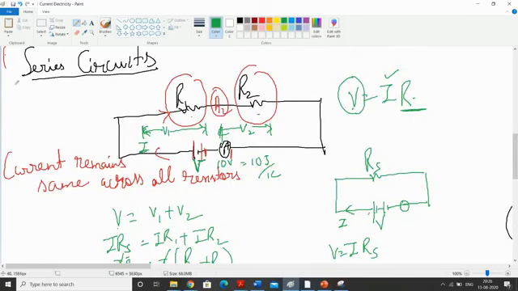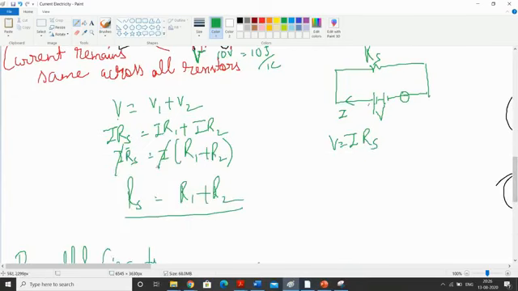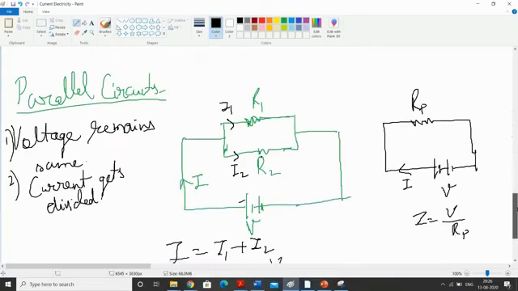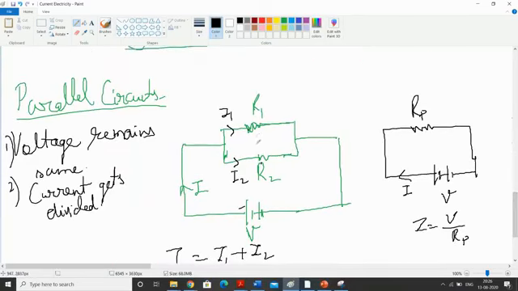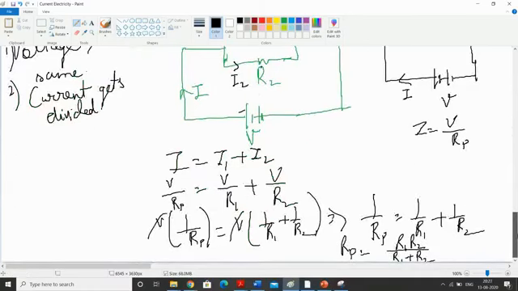Series circuit: in the series circuit, the current remains the same, voltage gets divided, and we found that the equivalent resistance in series is given by R1 plus R2. That's what we derived here. In parallel circuits, voltage remains the same, current gets divided, and RP is R1 R2 over R1 plus R2.